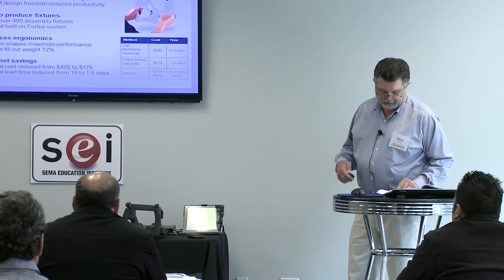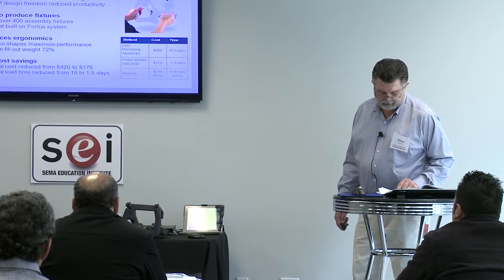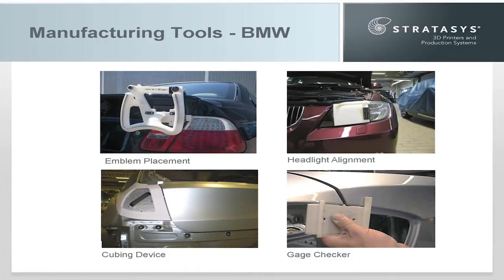The use of FDM has also reduced the cost and time required to produce typical manufacturing tools. Here you can see the actual placement tool in use that they built, and some of the other tools that they built. Headlight alignment, cubing device.